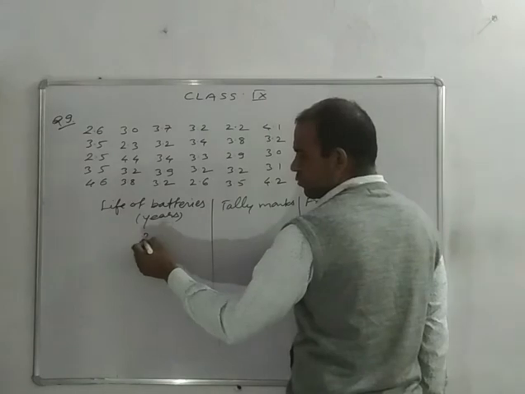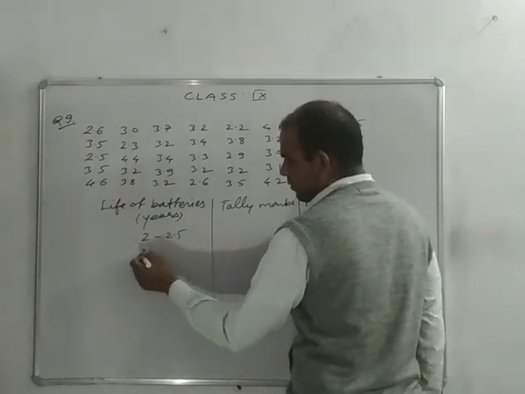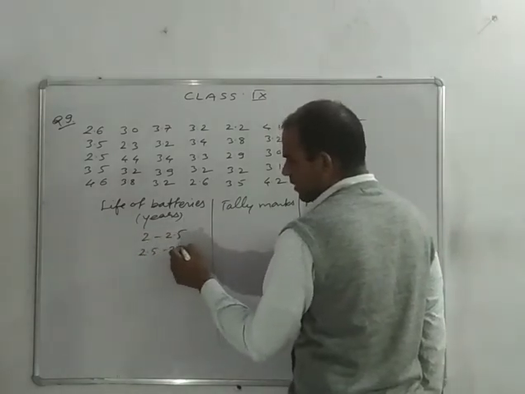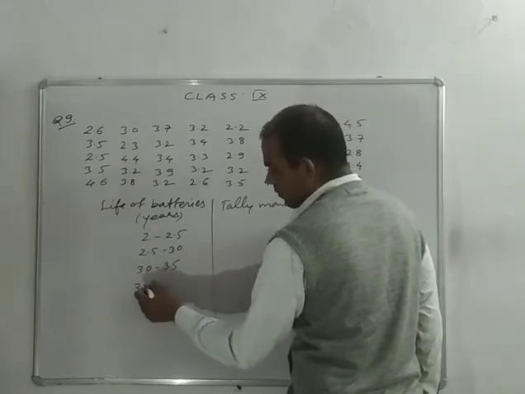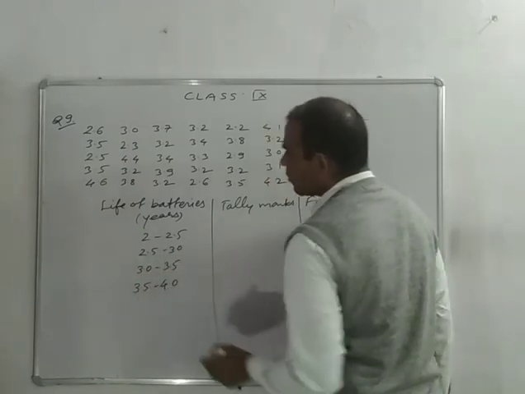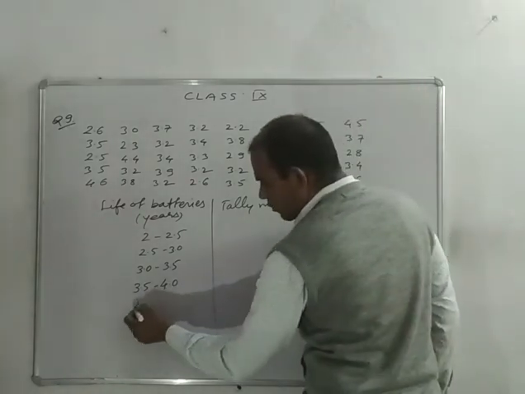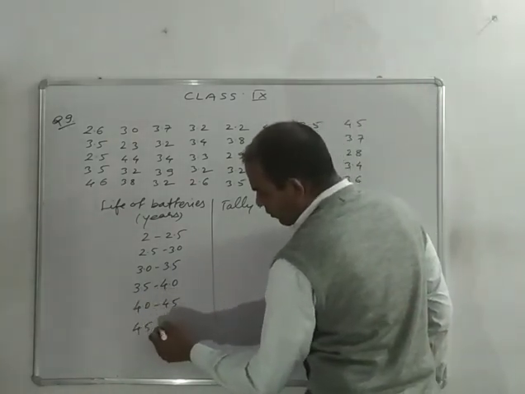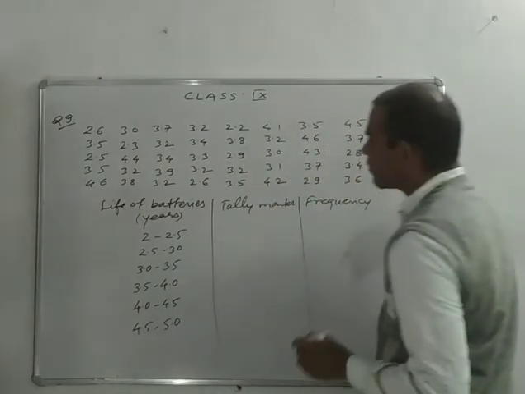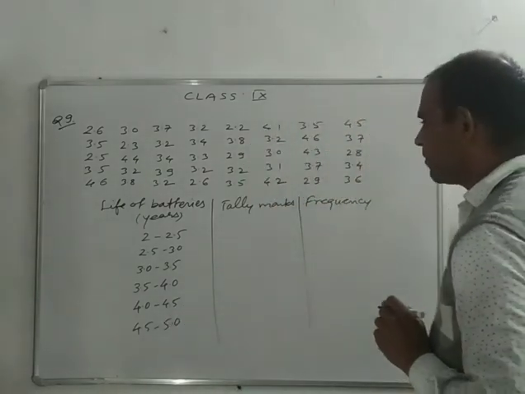First interval is 2 to 2.5, 2.5 to 3, 3 to 3.5, 3.5 to 4, 4 to 4.5, and 4.5 to 5. These are given.